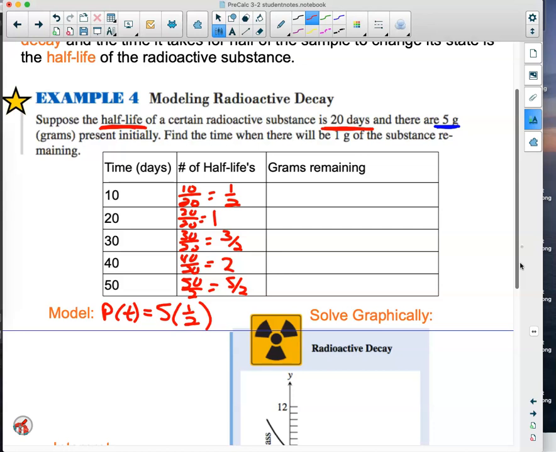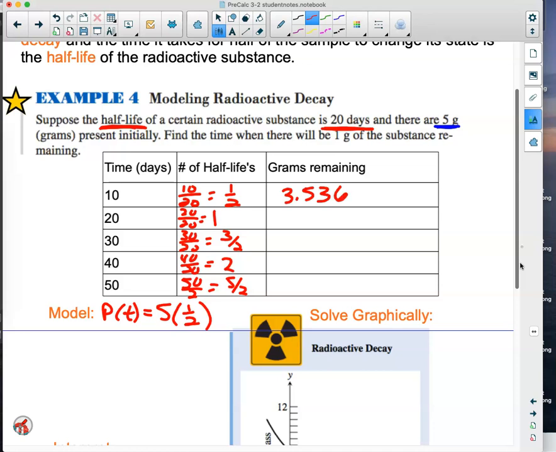And what I just found was what I need to use for powers to figure out how many grams are going to be remaining after 10, 20, 30, 40, and 50 days. So I can start by taking 5 times a half to the 1/2 power, and that would give me 3.536 grams that are going to be remaining.